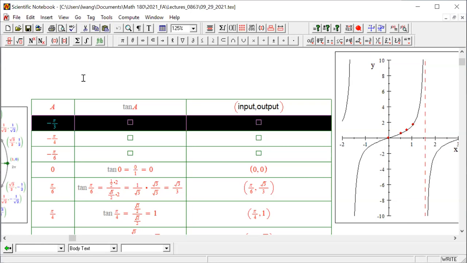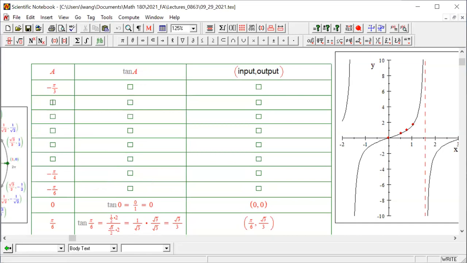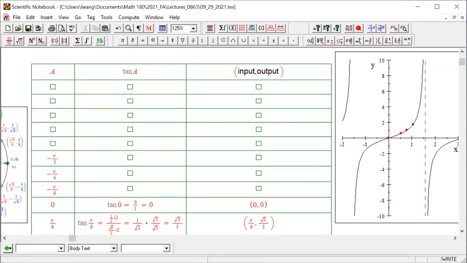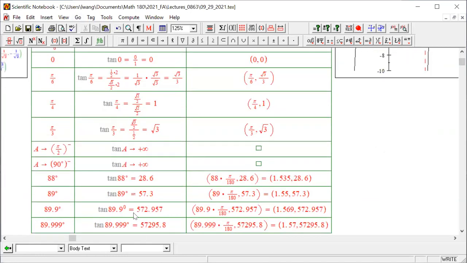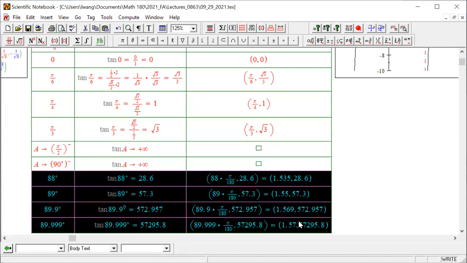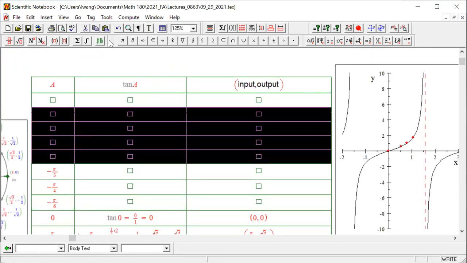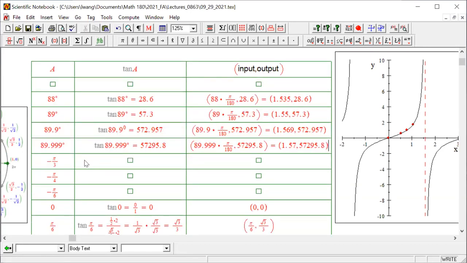I'm going to insert some more rows. Okay, and this time, oh, wait. We're still going to use degrees. I'm going to use degrees, all of these degrees. But I'm going to have to reverse the order.